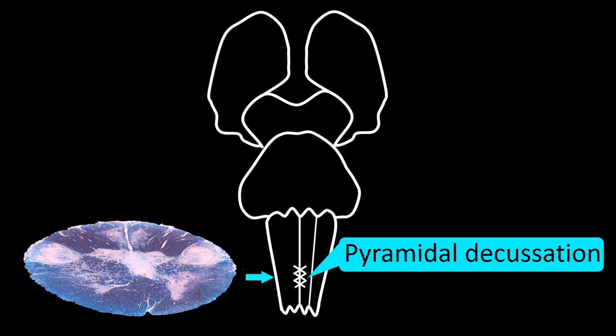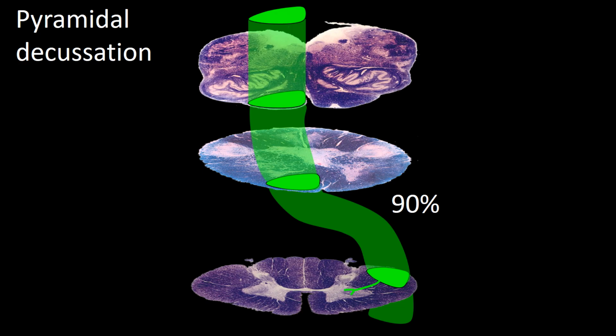Here I have introduced a cut at the indicated level. Notice the massive crossing of fibers. The crossing is indeed massive, but also sudden and peculiar. 90% of fibers cross suddenly, travel on the contralateral side of the spine, and make contact with neurons also in the contralateral side.